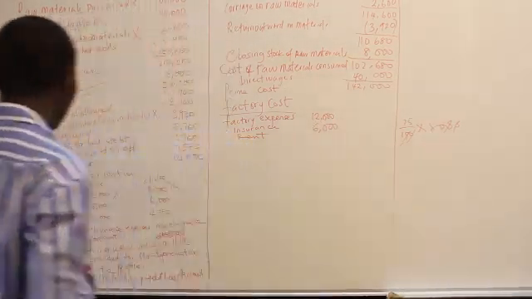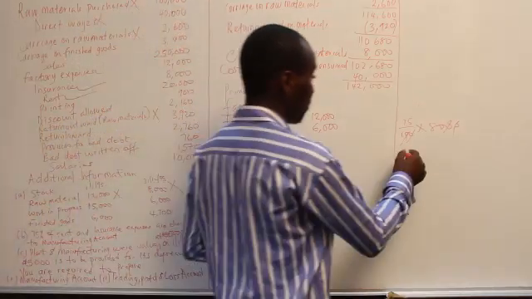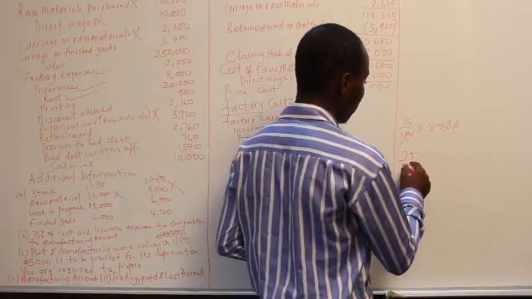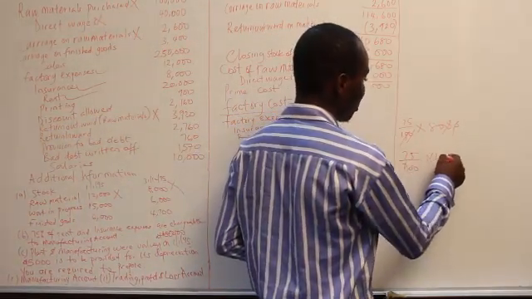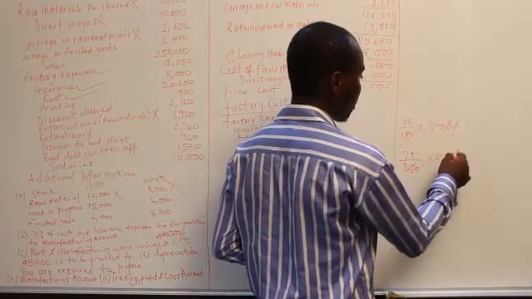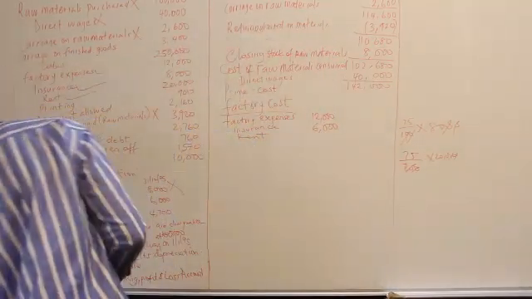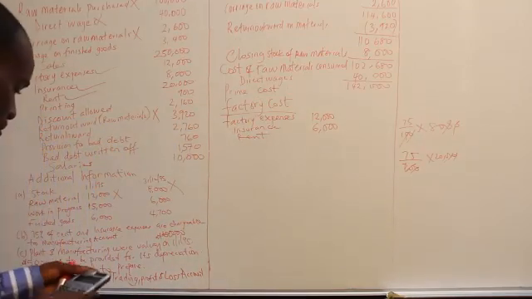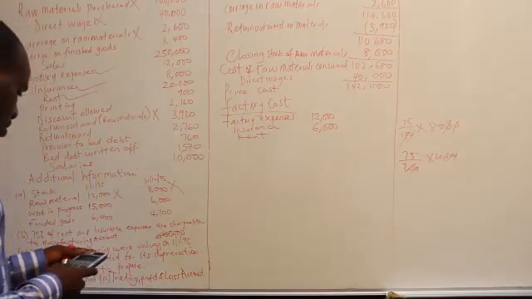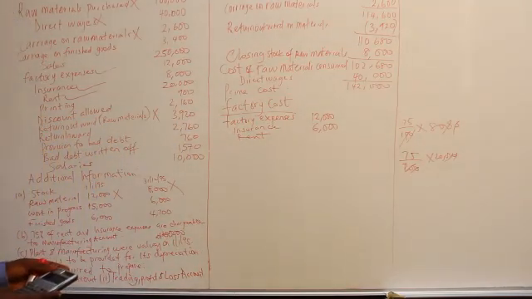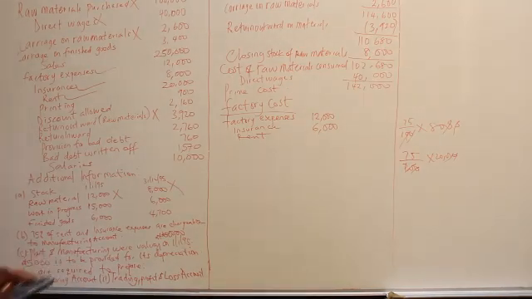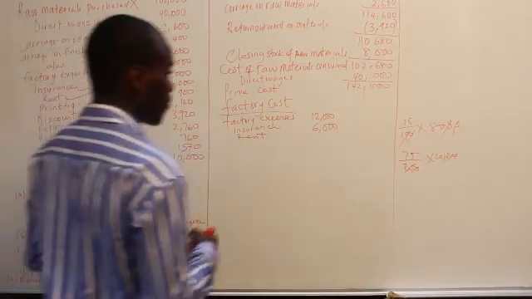Then 75% of rent, which is 20,000 naira. Cancel the zeros, so 75 times 200 gives us 15,000.